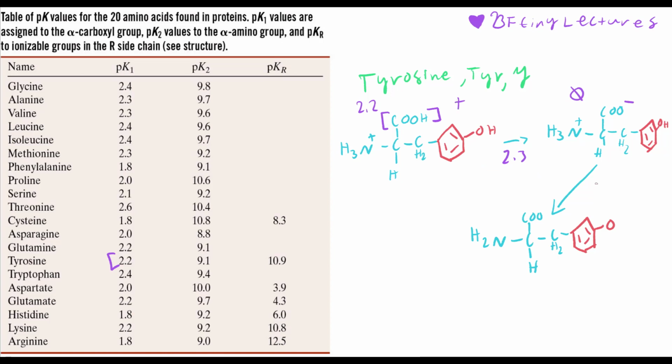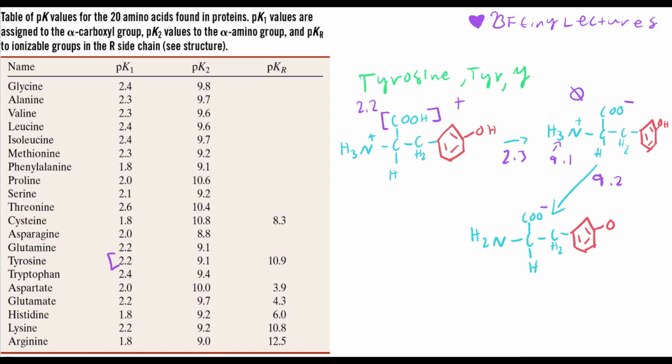Okay. Now if we enter a zone, let's say 9.2, then we're going to shoot off a hydrogen from the amine, because this guy right here has a value of 9.1. Again, looking at this chart right there. So because it's in a basic environment, you're going to lose a hydrogen. You become H2N.